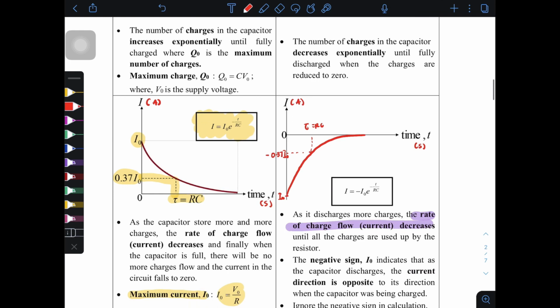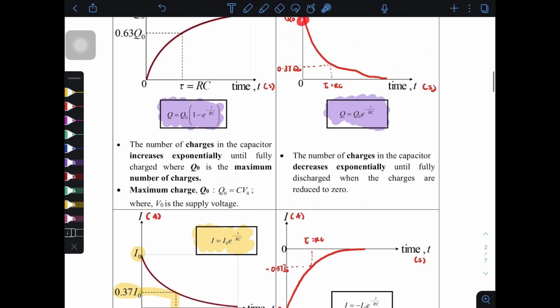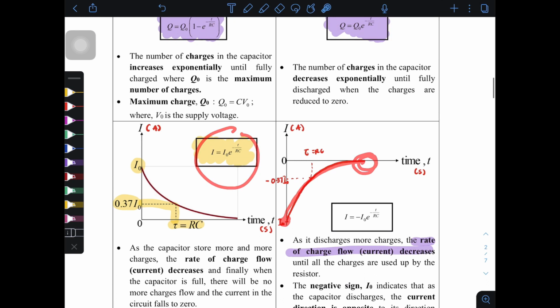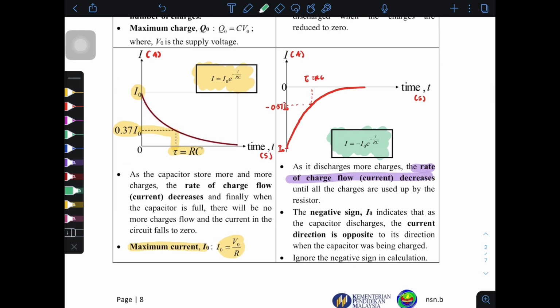When charges move, there will be current; moving electrons produce current flow. But eventually it becomes empty when no more charges are moving. So when no charge is moving, which is electrons, the current no longer flows, but it is in the opposite direction from the charging process. That's why our equation has a negative sign here. So I equals negative I0 e^(-t/RC). Here it says the negative sign indicates that the capacitor discharges and the current direction is opposite its direction when the capacitor is being charged.